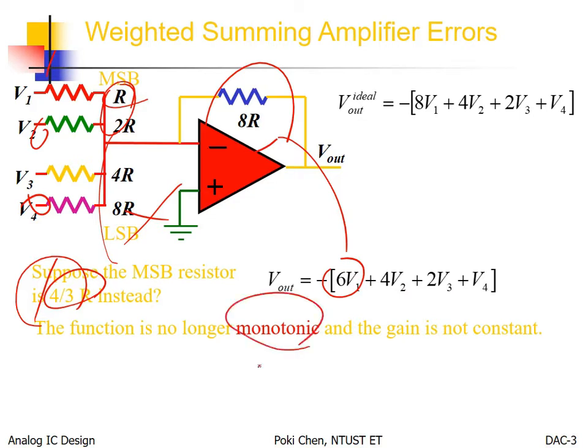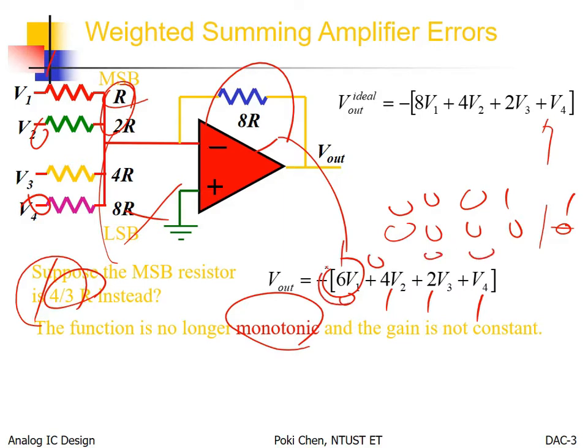What will go wrong? Monotonicity. From the very beginning, when all the bits are 0, you get 0. And 0, 0, 0, 1, you get 1 all the way until 0, 1, 1, 1, where you get 7. After that, 1, 0, 0, 0, you get 6 instead of 8. So here monotonicity will be violated.